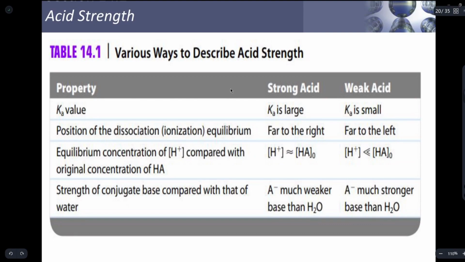Listed below are the ways to describe acid strength. Firstly, we have the Ka value, which, as mentioned earlier, is the products over the reactants. Then we have position on the dissociation equilibrium, whether it is far to the right being strong or far to the left being weak.